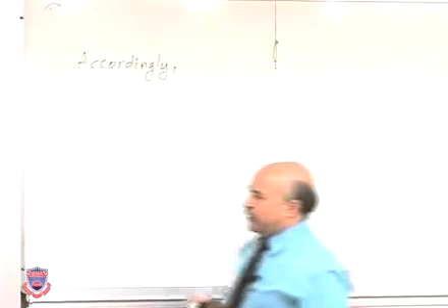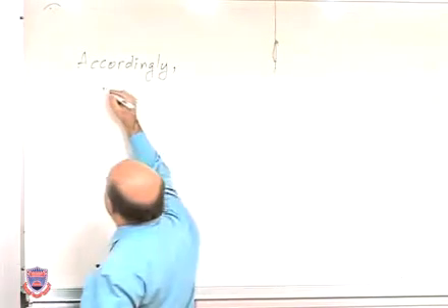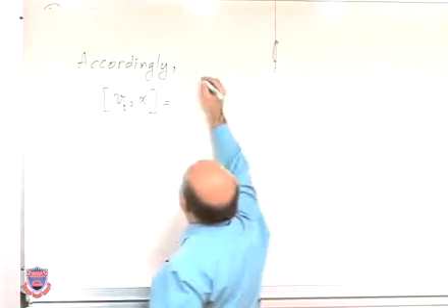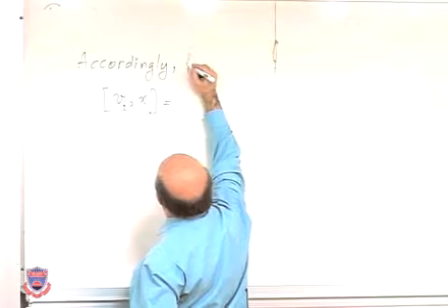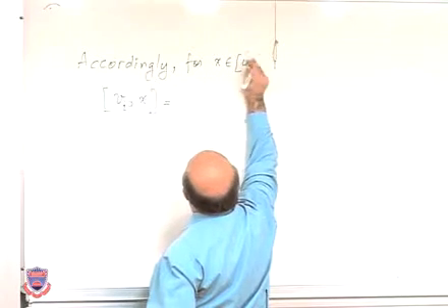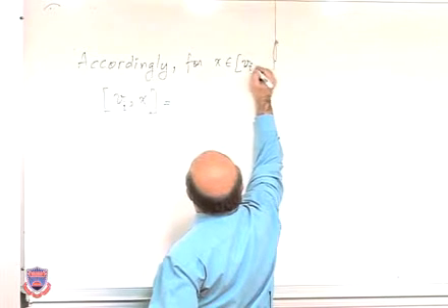So, with that observation, we may now define Vix as follows. So let's just write accordingly for x in the edge Vi, Vj.